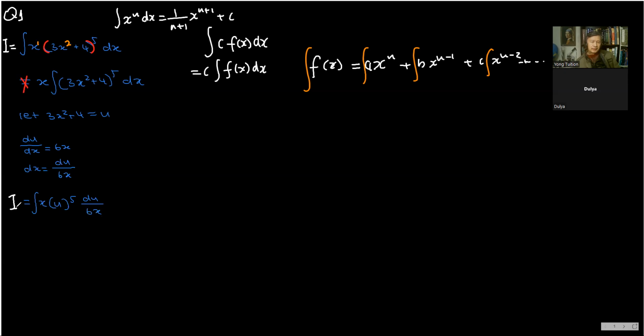Good. How can you get a 5x? 6x. Oh yeah, 1/6. That's good. Very nearly.